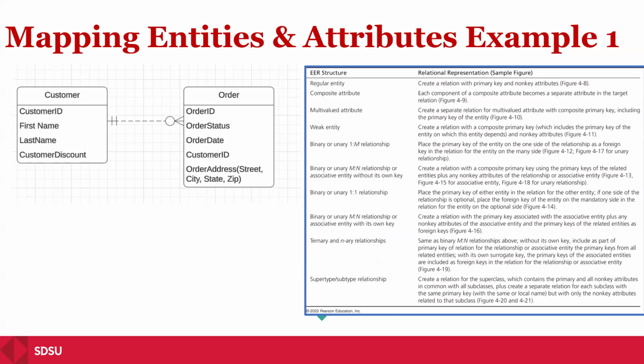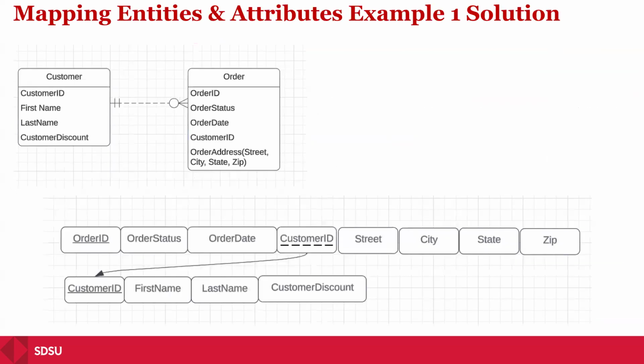All right. So looking at the rules, we are going to apply the rule for weak entity, which states that we need to create a relation with a composite primary key, which includes the primary key and non-key attributes. In this case, we will have a separate relation for customer, right? Which is customer ID, first name, last name, and customer discount. That's simple. That's a regular entity.